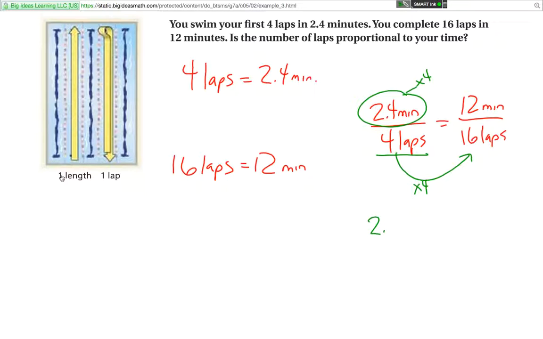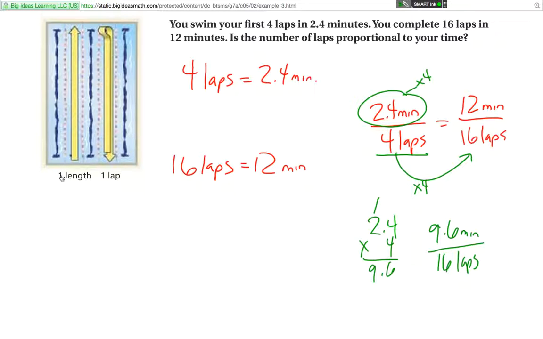So 2.4 multiplied by 4: 4 times 2 is 8, and that gives 9.6. So if I maintain the first pace, I should do 16 laps in 9.6 minutes. I just proved that we did not maintain the same exact pace. I actually slowed down throughout the race.